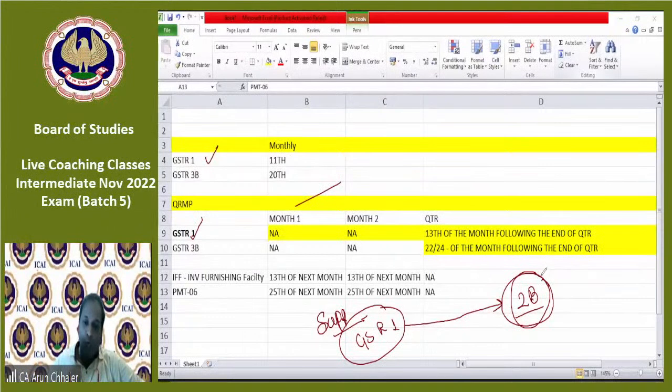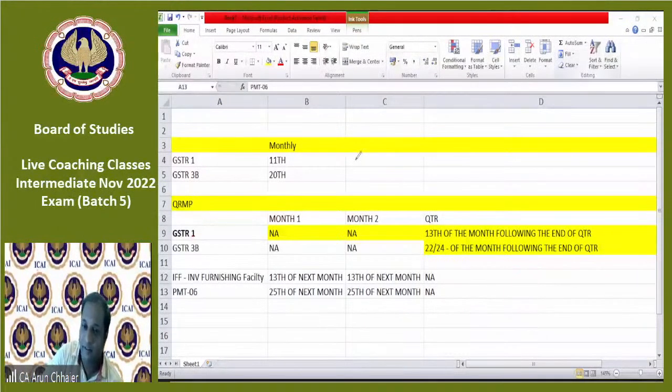So what is GSTR 2B? Basically, I can say it is eligible ITC. It is reflecting the invoices which I have purchased from B2B parties. It is inward supply. Try to understand all of it.